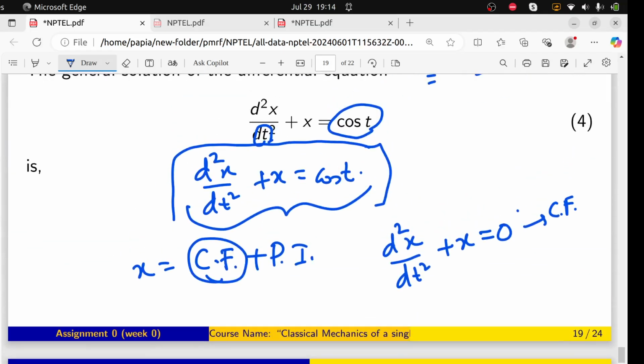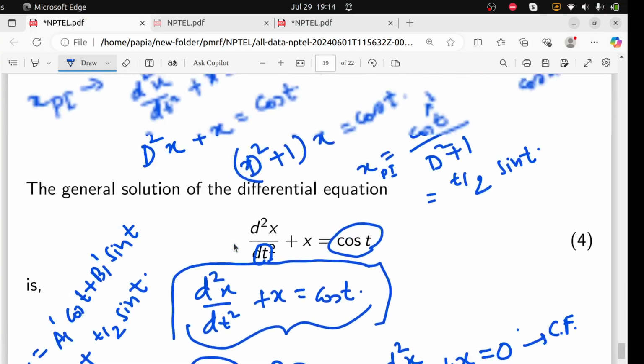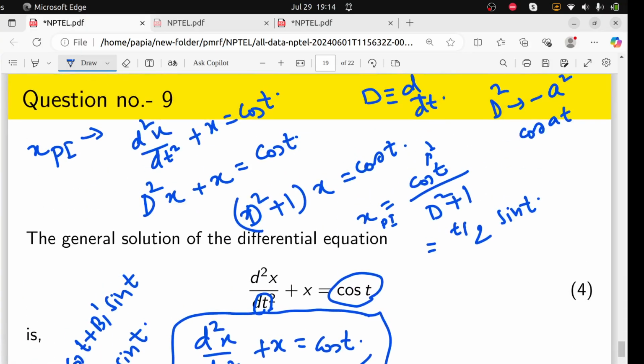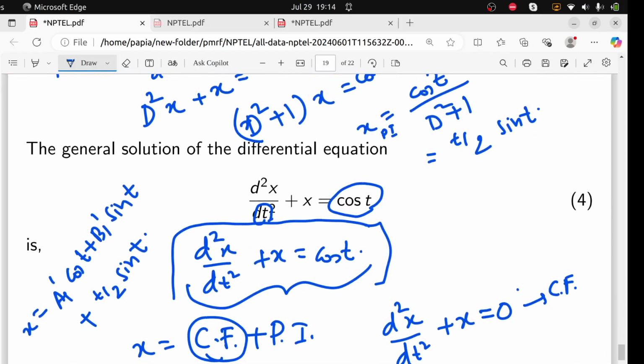So if I write x as a1' cos t plus b1' sin t plus t by 2 sin t, because t by 2 sin t I am getting from PI, this will be our general solution. Now here a1' and b1' are constant values, and from the boundary conditions I can get the values of a1' and b1'.